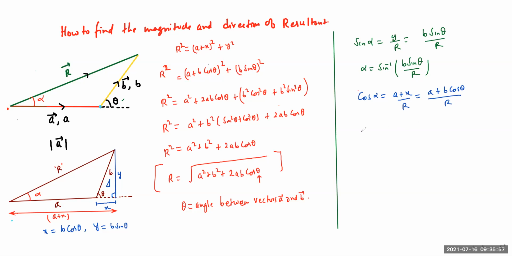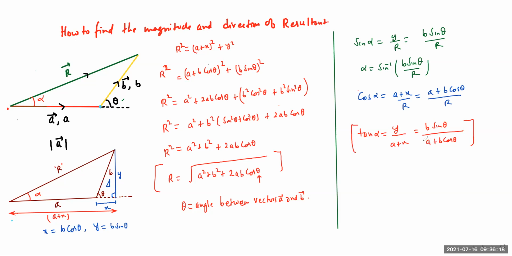So let's write the last one. The last one is tan, and it's easy: y by (a plus x), that is b sin theta by (a plus b cos theta).